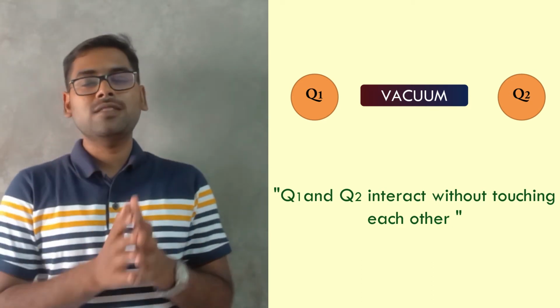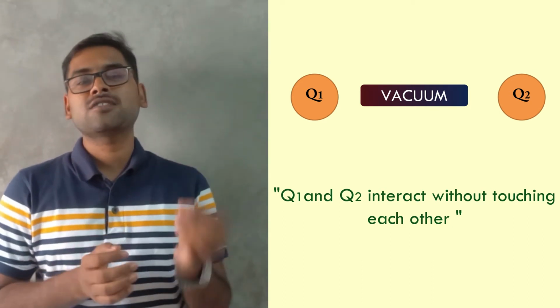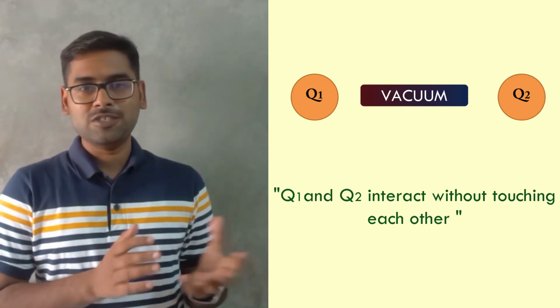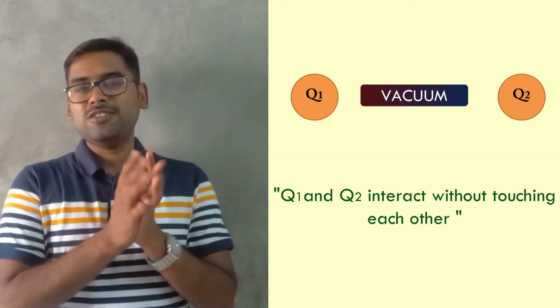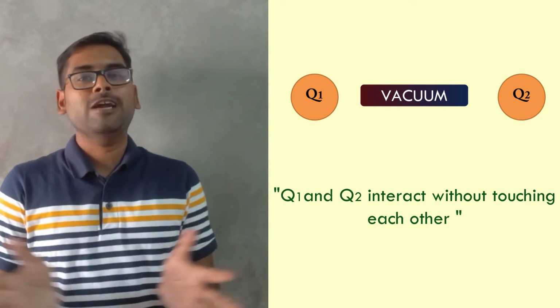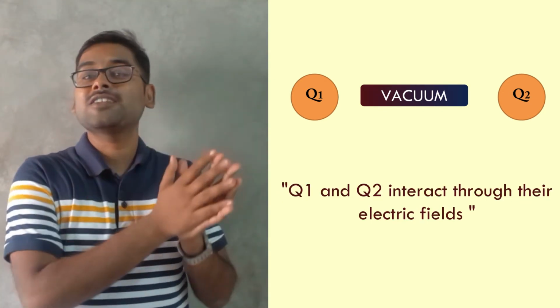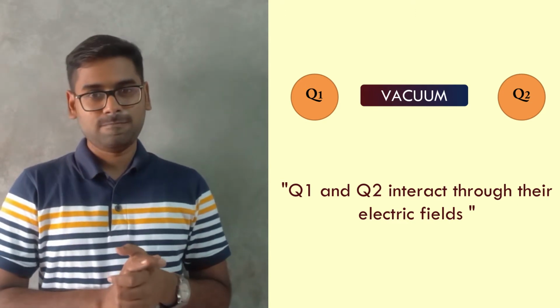Now, to explain these kinds of interactions, scientists came up with the concept of field, according to which each charge will create something called a field in its surrounding space, and it interacts with the other charges through that field.